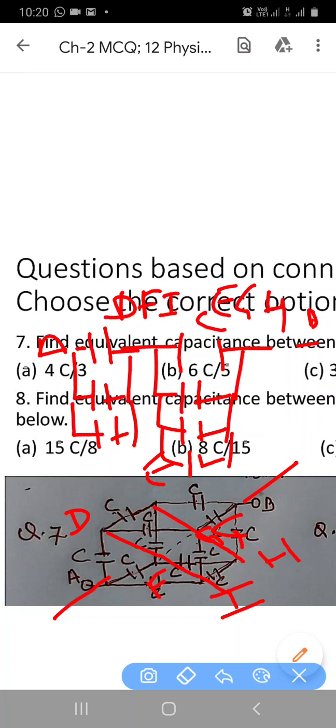Now I and E no capacitor, I and G one capacitor, and I and H again one. So in this way you see 6 capacitors are in parallel.